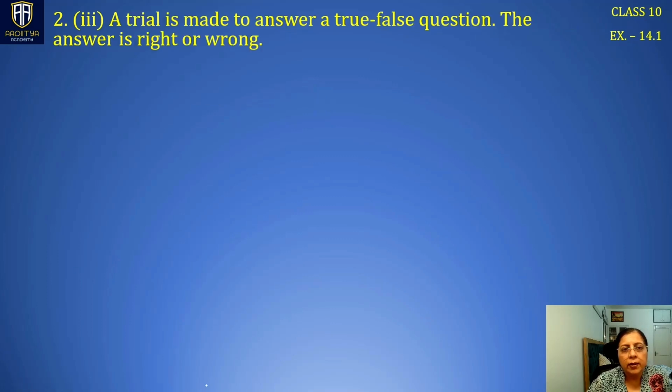Next is, a trial is made to answer a true-false question. The answer is right or wrong. Now, just try to analyze this. You have got one question, which is asking true or false. So if you have to answer this question, either you will make this choice or you will make this choice, right? If you make this choice, maybe this is right or maybe this is wrong.